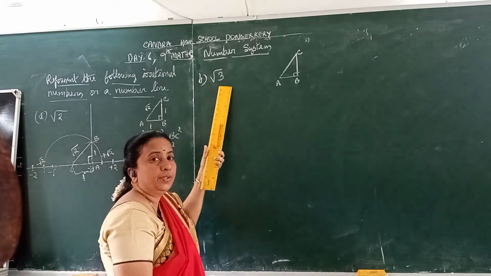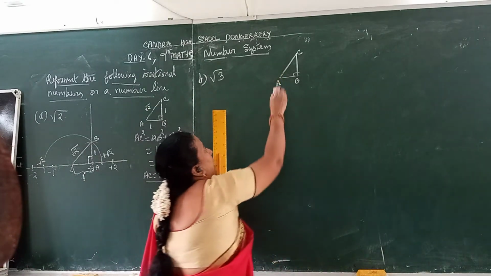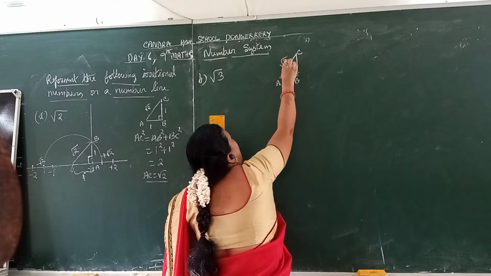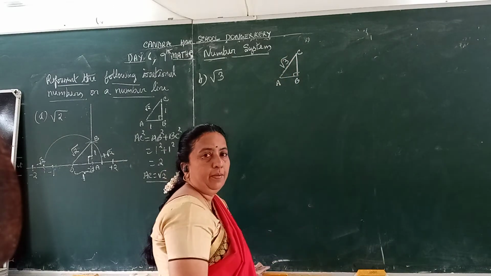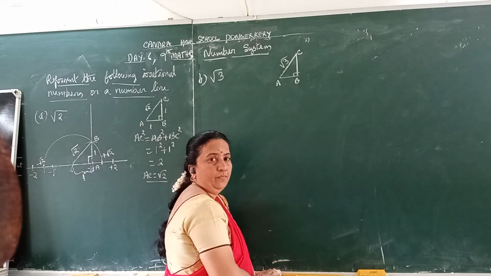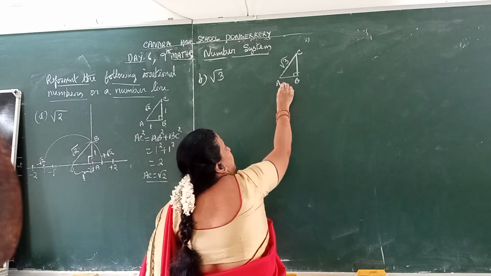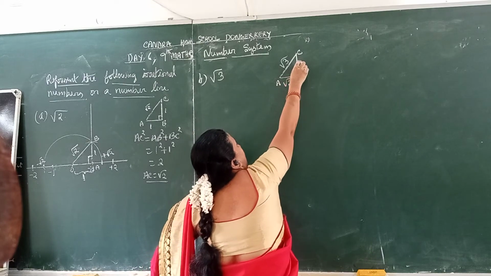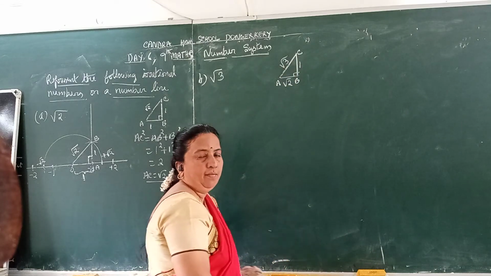Then to get root 3, the hypotenuse should be how much? Root 3. Then what are these two sides? These two sides are root 2 and 1.